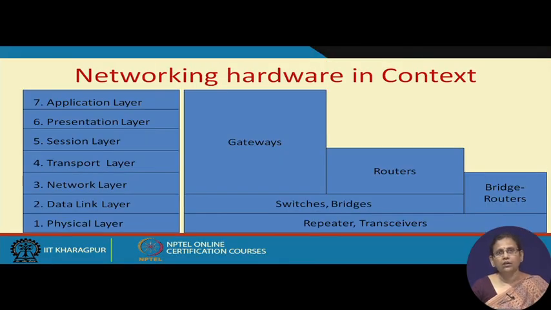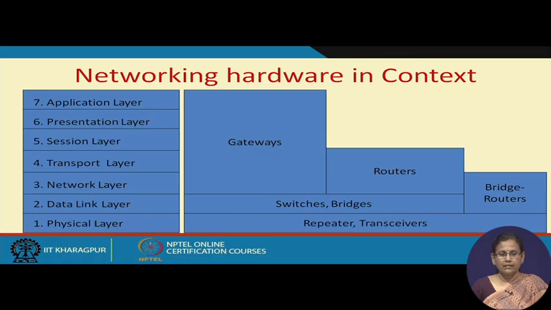Now, if you remember our ISO OSI model, which is a 7-layer model, and last class we also mapped it to TCP/IP. Let us see what the various hardware devices are in each layer of the protocol.